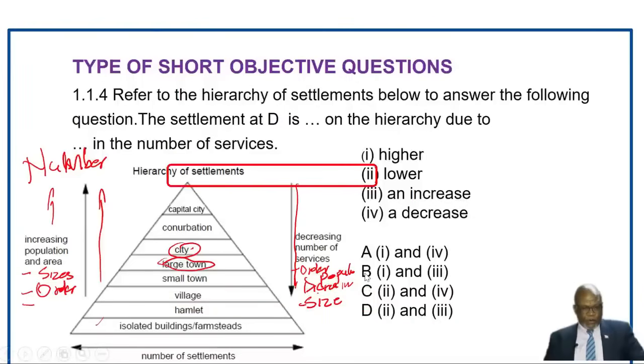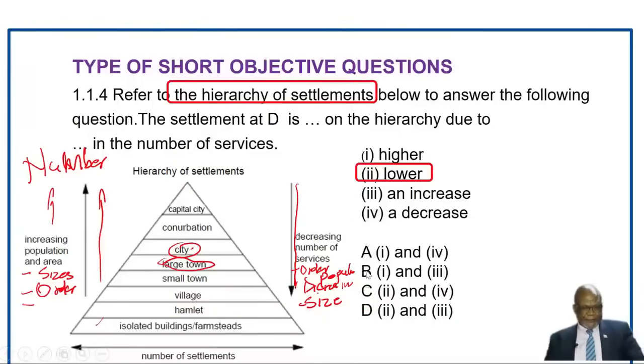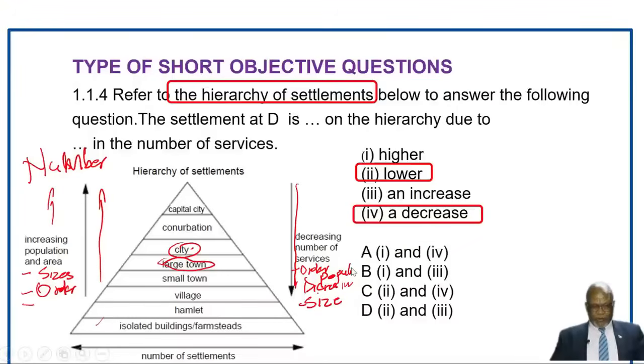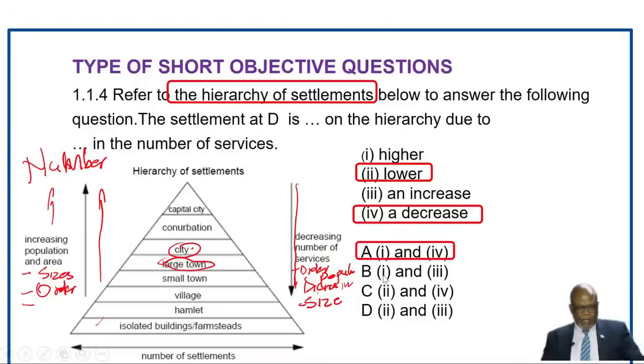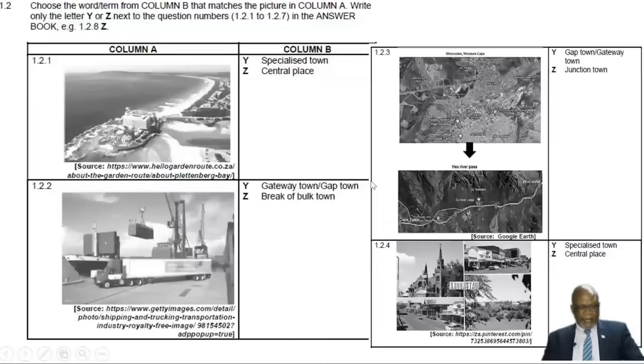So what will be the correct answer here? The settlement at D is lower on the hierarchy due to the decrease in the number of services. Because it is found on the lower level, the correct answer there will be A, which is Roman numeral 1, higher, and 4.